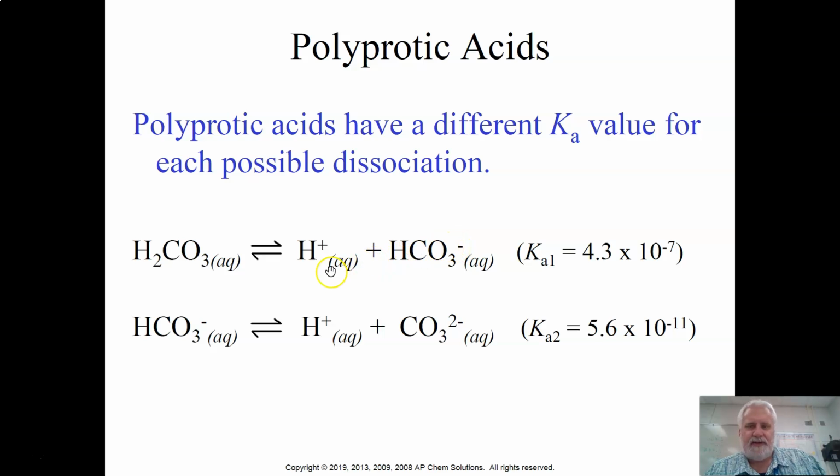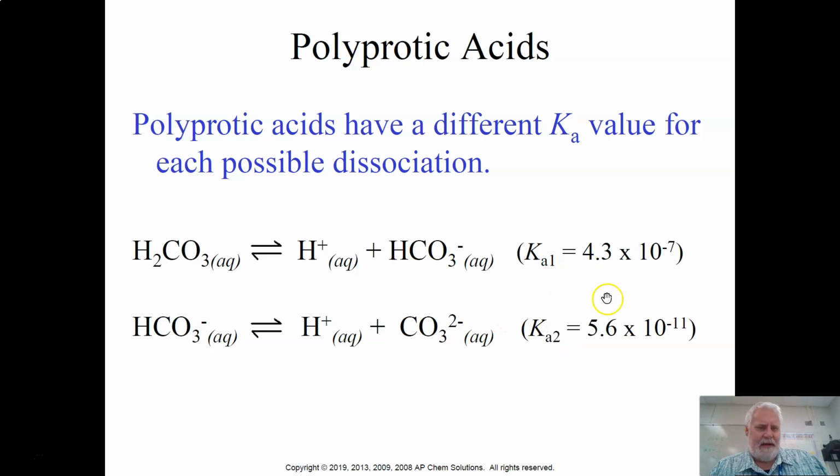And you see the charges, plus and minus, balance each other out. And then we call this Ka1. And you will notice that it is a higher number than the Ka2. That's always going to be the case, because this guy is a little bit less likely to rip off of there for lots of reasons. It's got the negative charge on there, kind of holding it intact. Just much harder to entice that second hydrogen off there.